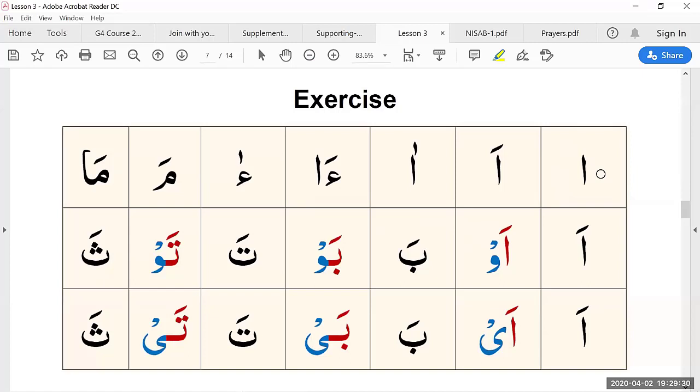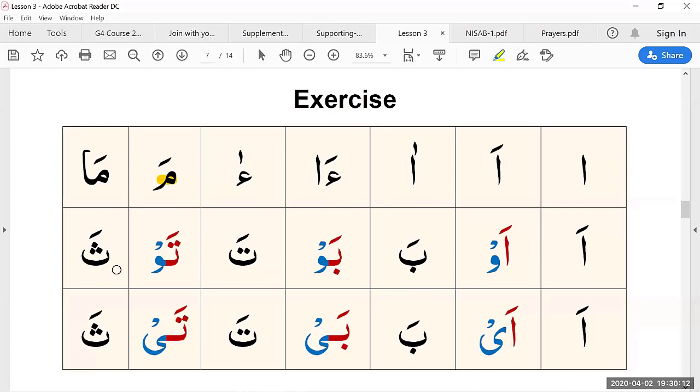Audhu billahi minash shaytanir rajim. Bismillahir Rahmanir Rahim. Alif. A. A. A. Ma, okay, so a little short. Ma, Ma, Ma. A. Au Ba. Bau Ta.